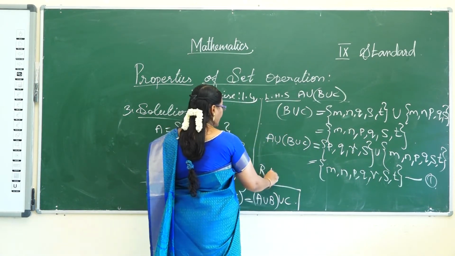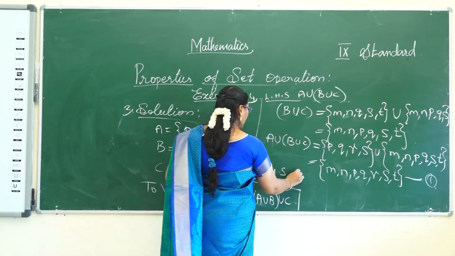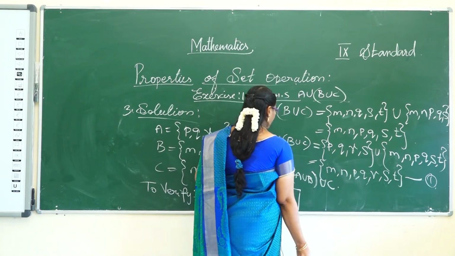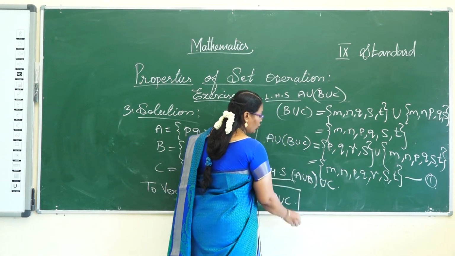Now consider the right hand side: (A union B) union C. First preference to the parenthesis.